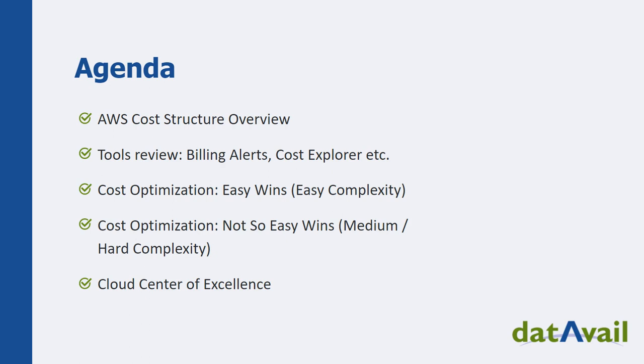Then I'm going to go over cost optimization tips. Some are easy and some are not so easy, depending on the mechanism we pick. And then I'm going to relate how cost optimization relates to a Cloud Center of Excellence, if you happen to have one in your organization.